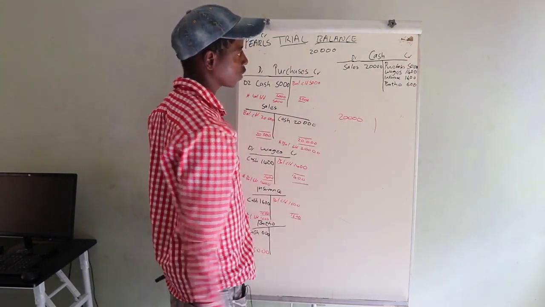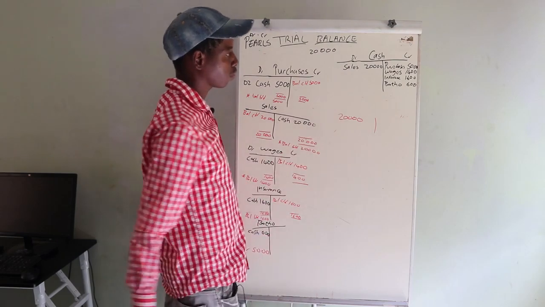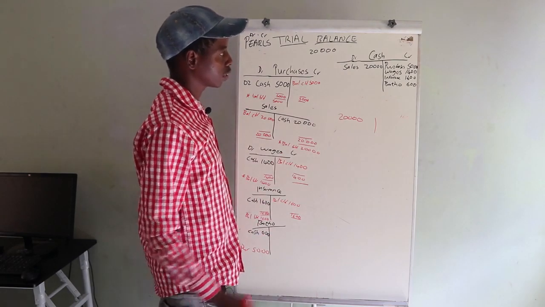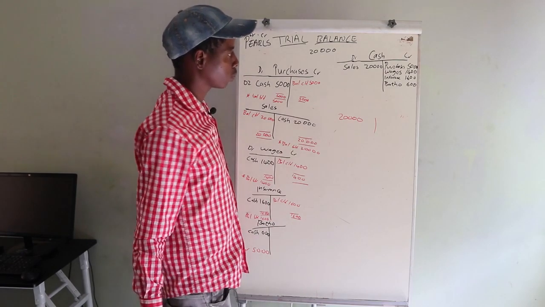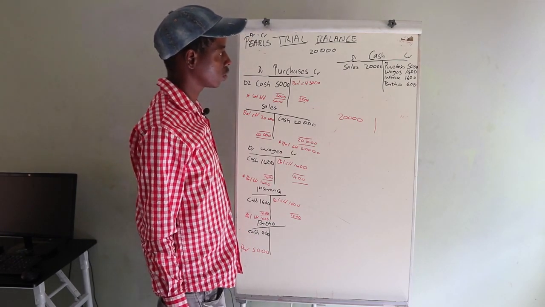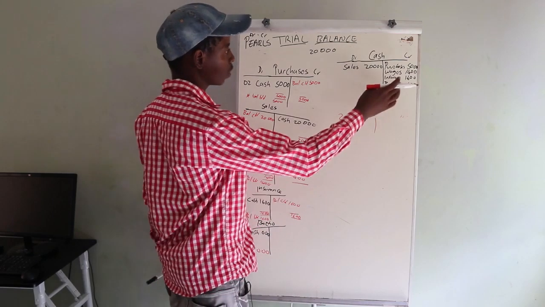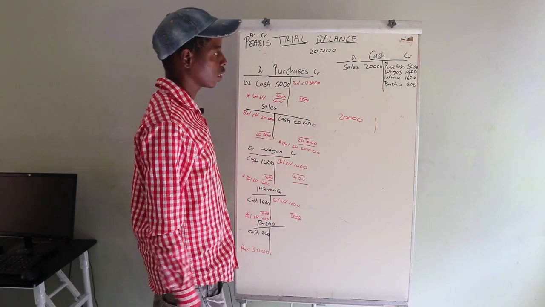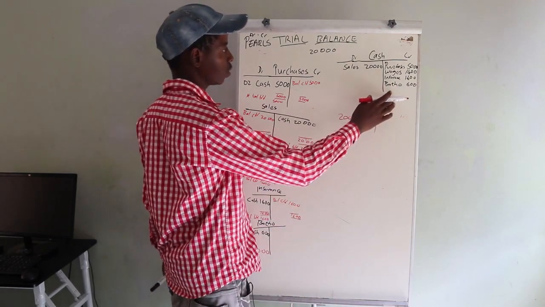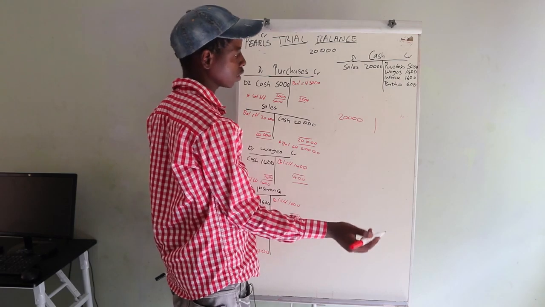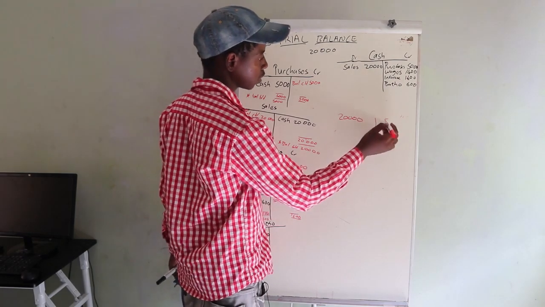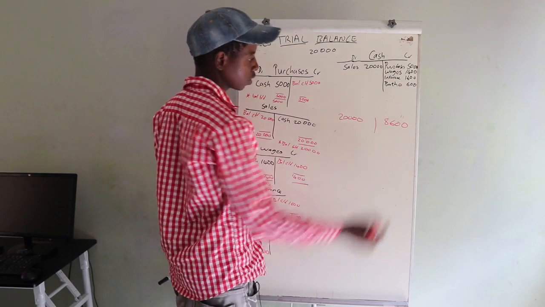We've got 5,000. 5,000 plus 1.4 is going to give us 6.4, right? 6.4 plus 1.6 equals 8,000. 8,000 plus 600 is going to give us 8.6, right?